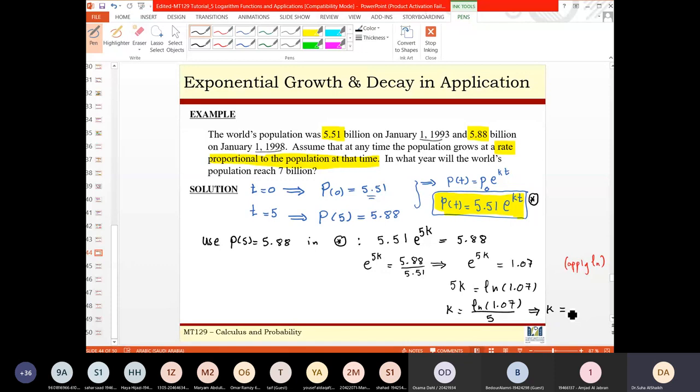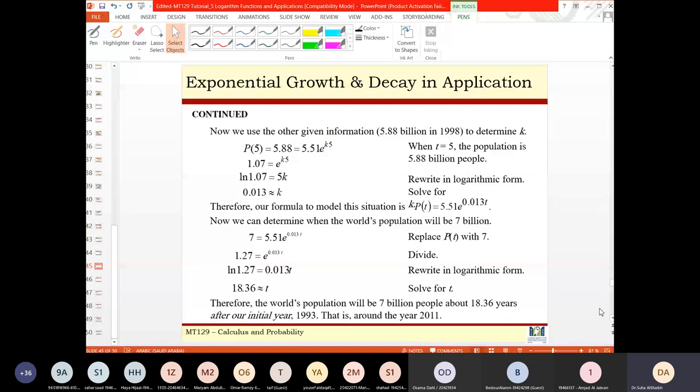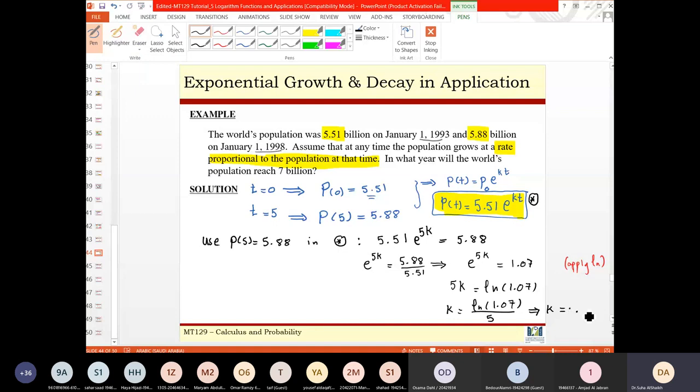It's 0.067 divided by 5. اقسموها على 5 على طول. How much is that? 13, yeah. Divided على 5. اقسموها على 5 اعطوني على طول. Okay. So it will be 0.013. And this is my k.